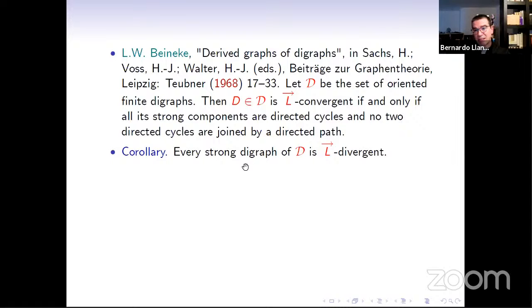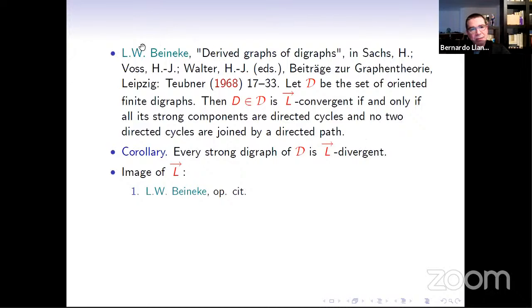And as a corollary, you have that every strong digraph is L-divergent, except the cycles. So can I characterize when a digraph is the line digraph of another digraph? Yes, there is a series of papers.